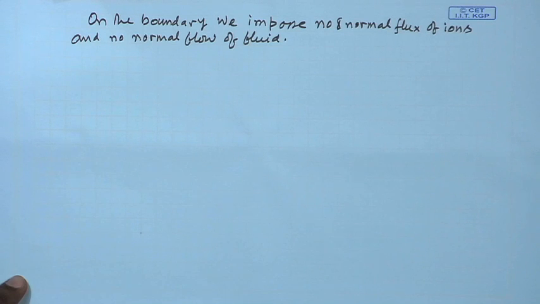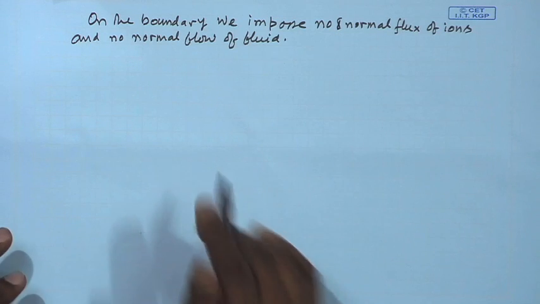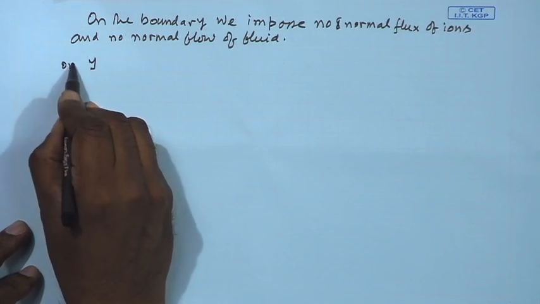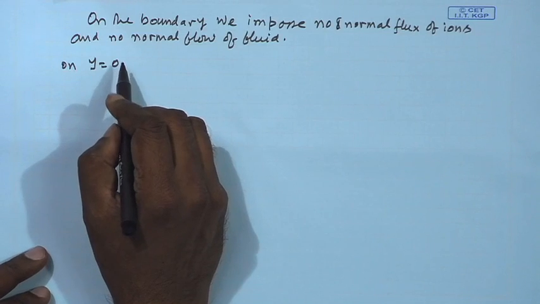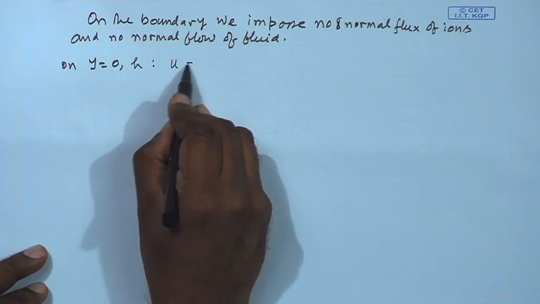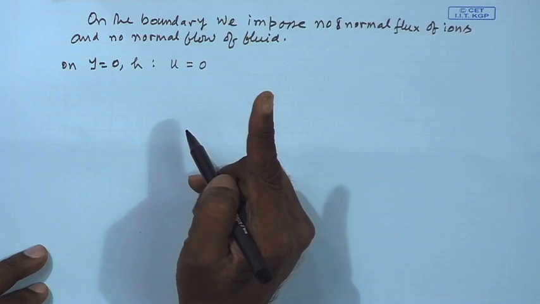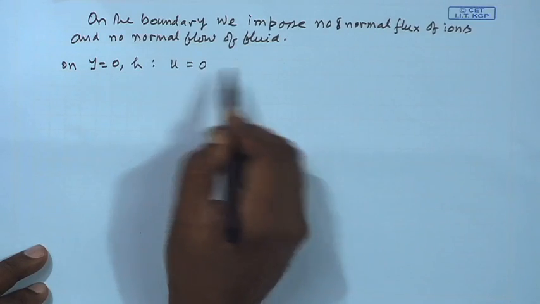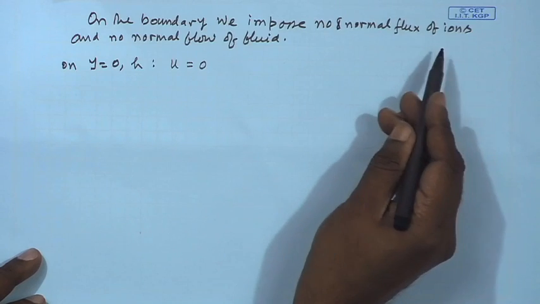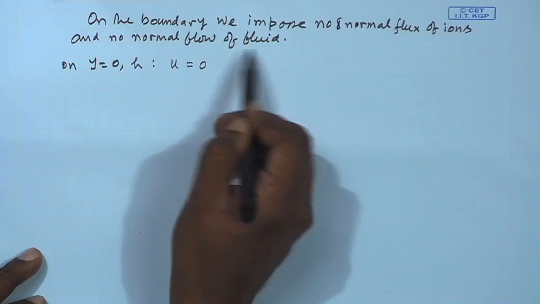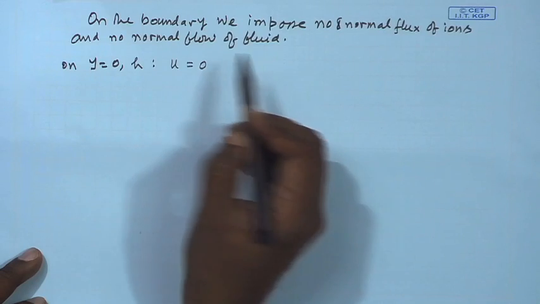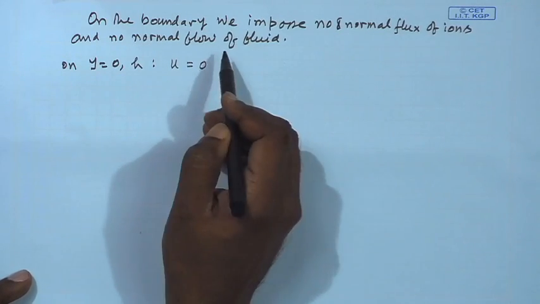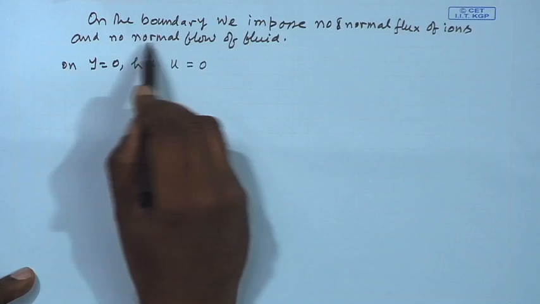So if we assume this kind of situation, then on the boundary, at y equal to 0, and if I take the other one as h, we have u equal to 0, because here is the no slip. So the fluid velocity, we impose no normal flux of ions and no flow of fluid.